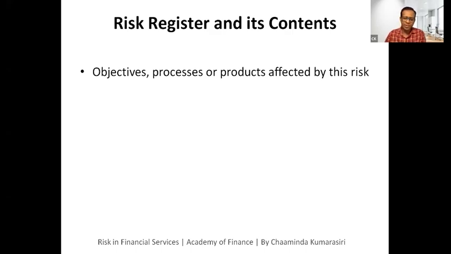So when you identify something as a risk, you should be able to identify what objectives are going to be affected, what processes are being affected, and what products are being affected by this risk. And then a brief description about the risk, some explanation for a reader to understand what it is.